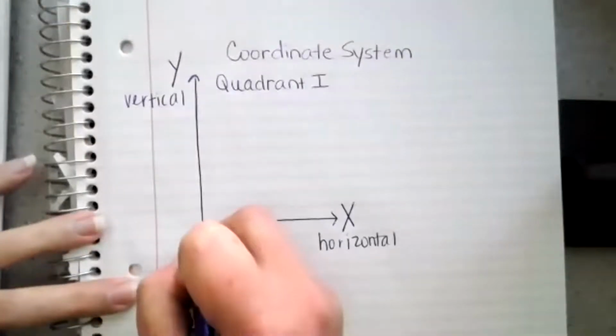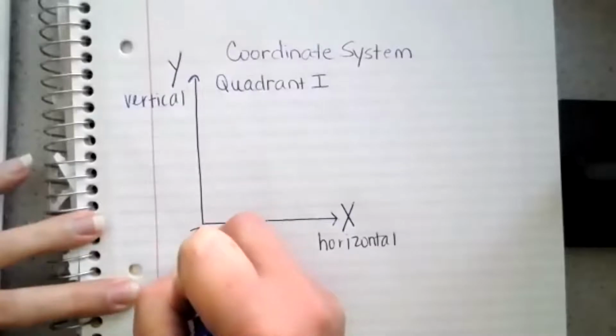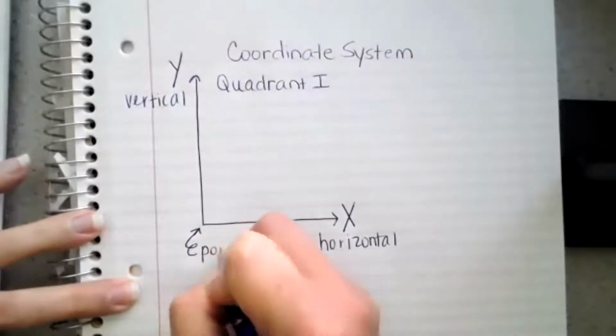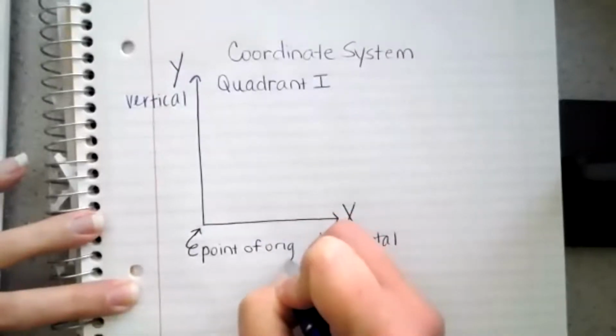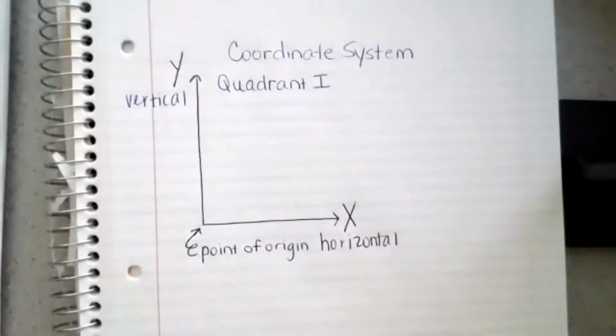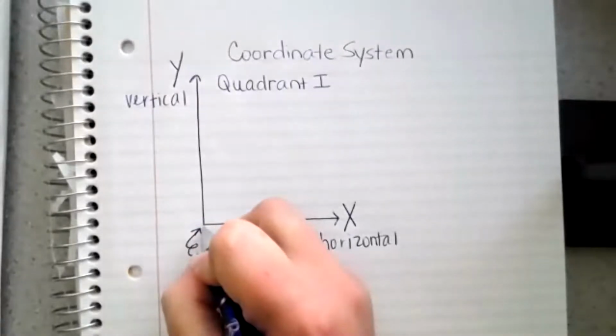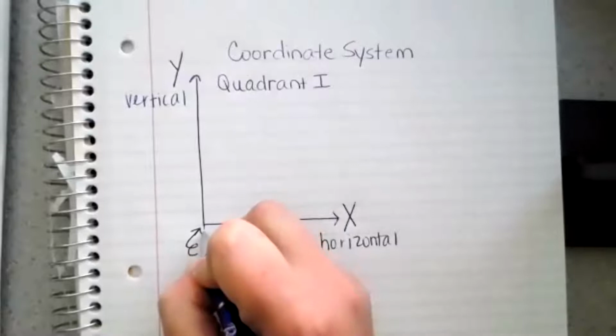Okay, this spot right here is called your point of origin. It means where does it originate from? It always starts at 0. So this point right here would be 0.